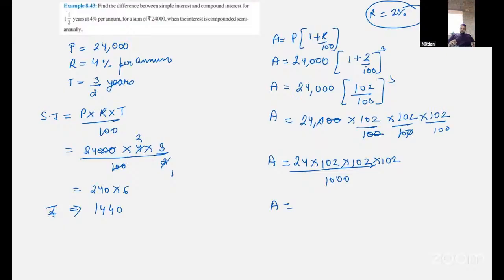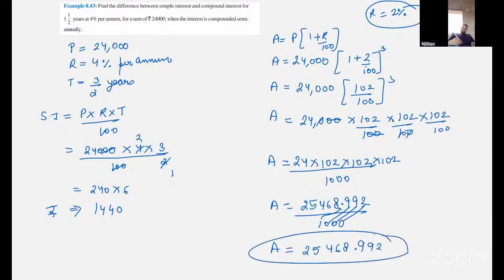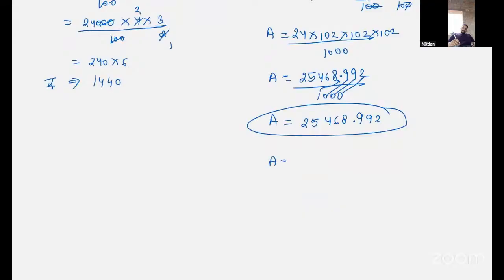25468,992 divided by 1000. So it becomes a decimal point, and the amount will become 25,468.92. Now this is the amount. We have to calculate the compound interest. We know that amount is principal plus compound interest.